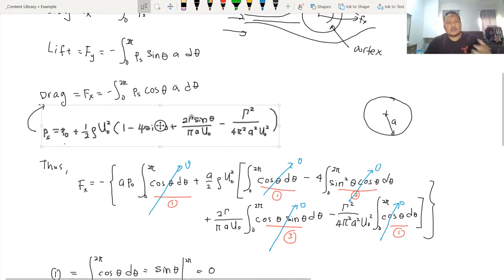You can refer to these equations in the Munson book or from Wiley and any textbook, because this one I follow the Munson textbook.